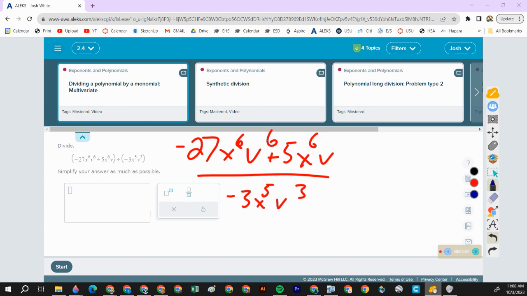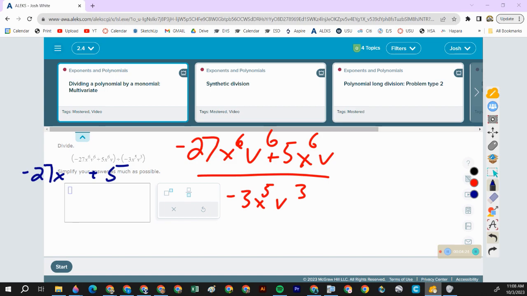So can I divide the 3? No. Do both terms in the numerator have a 3? No. Can I divide x to the 5th? Yes, I do have enough x to the 5ths. So that would be 27x something plus 5. Can I divide the v's?